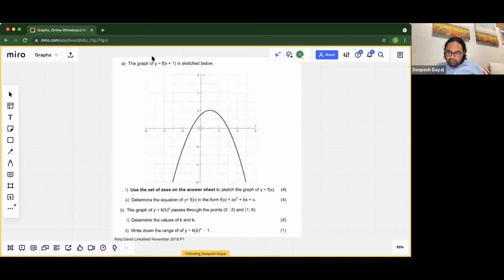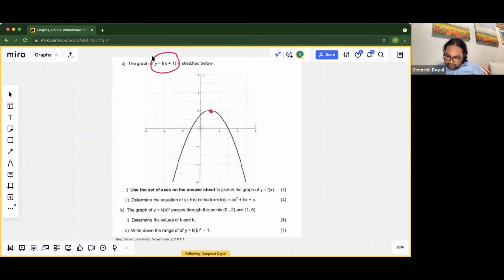So we've got the graph of y equals f(x) plus 1 sketched below. So you see a parabola, and they say this parabola is f(x) plus 1. So you see this graph is actually, it was f(x), but it moved up 1.